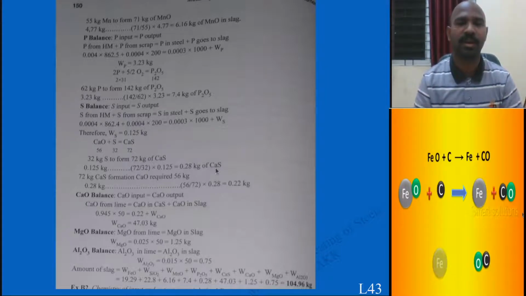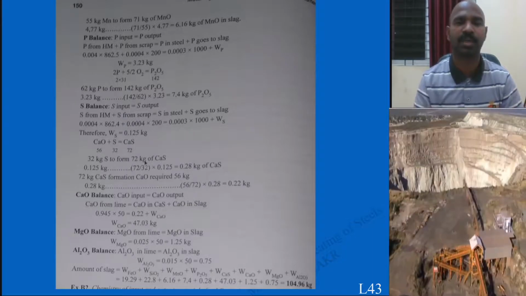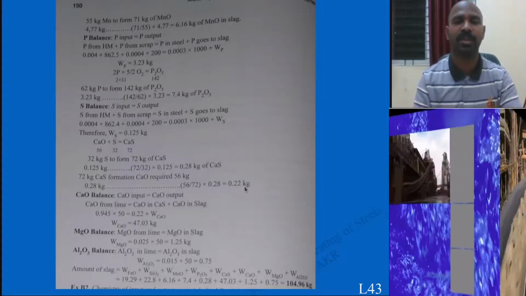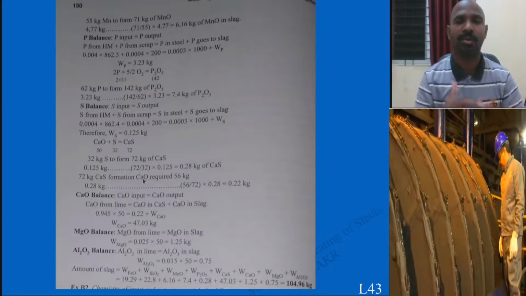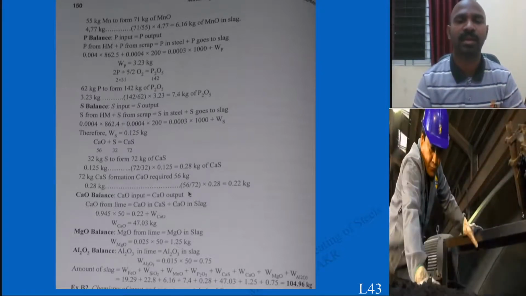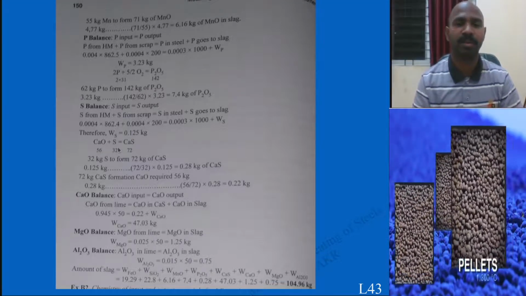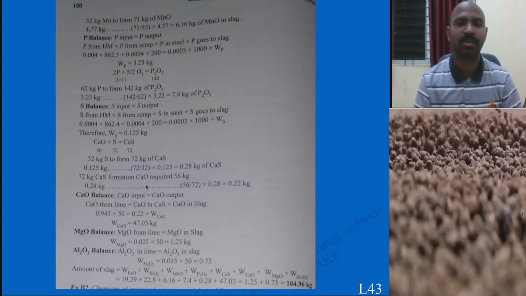But for the sulfur you need to take this much, and this is in the form of CaS. When sulfur is input, this is CaS. When CaO is added, then only sulfur is going to be removed. So for the lime or sulfur, two types of questions are asked in the competitive exams.